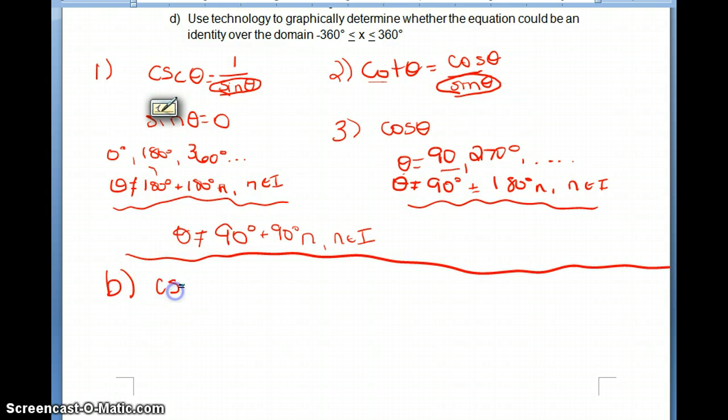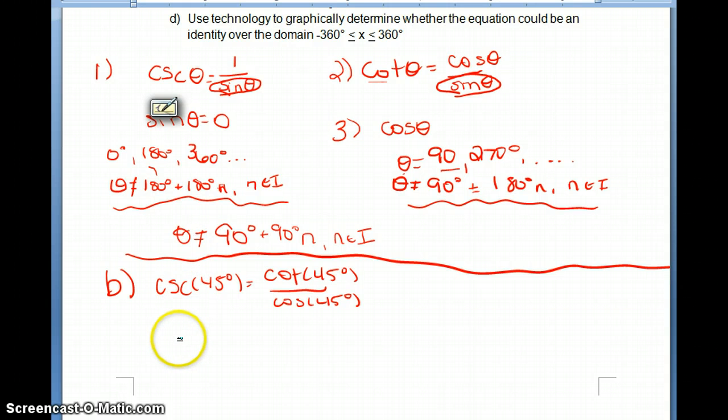So here we have cosecant of 45 degrees, and that is equal to your cotan of 45 degrees divided by the cosine of 45 degrees. Using your chart there, you guys will know that cosecant is 1 over sine theta.